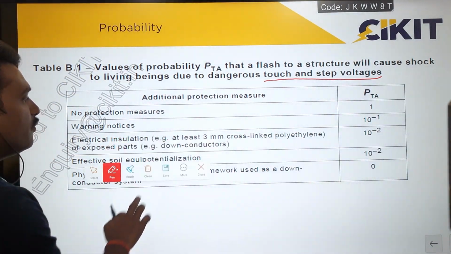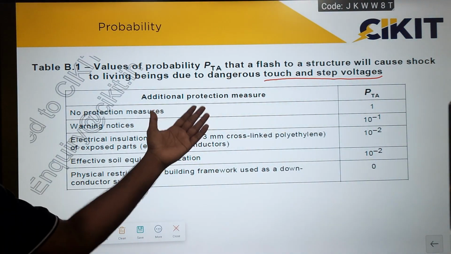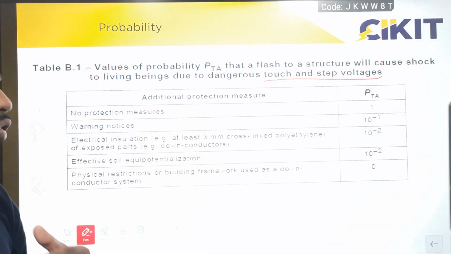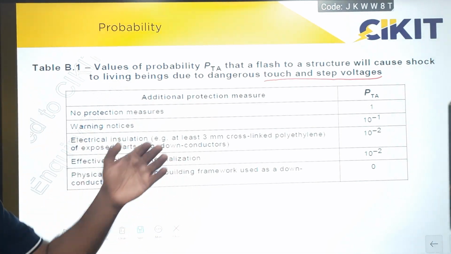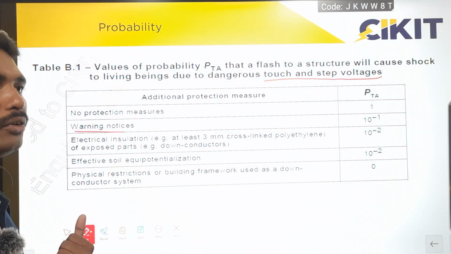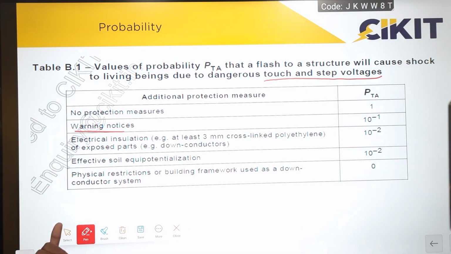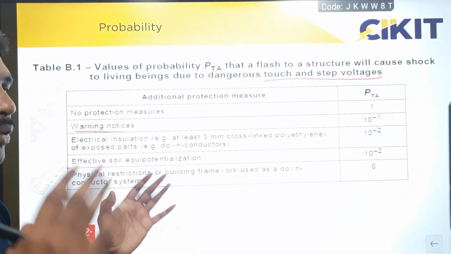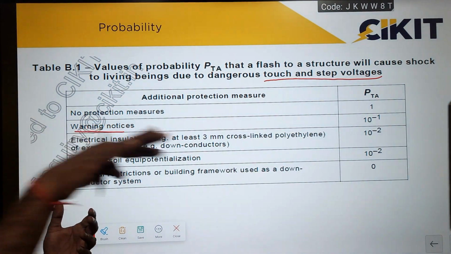If the distance between the human being and the particular conductor is higher, the effect of step and touch potential will be much lower. So in order to inform that there is a chance of hazard due to the step and touch potential, we have to provide warning notices. If we are providing the warning notice, then the risk is lower. If I am providing an electrical installation, like a barricade or some PVC pipes surrounding the conductor, we can avoid this direct contact.